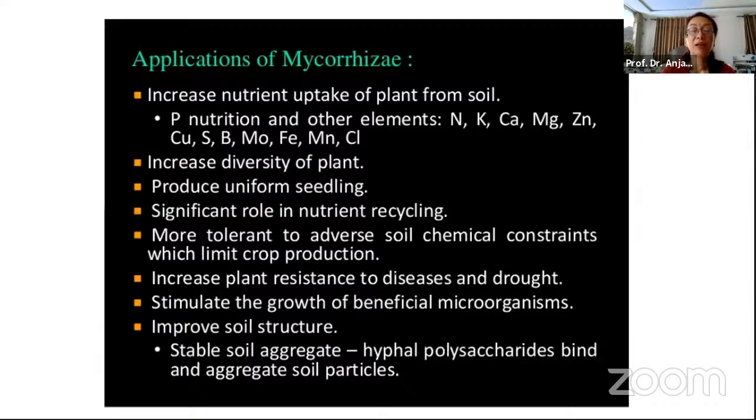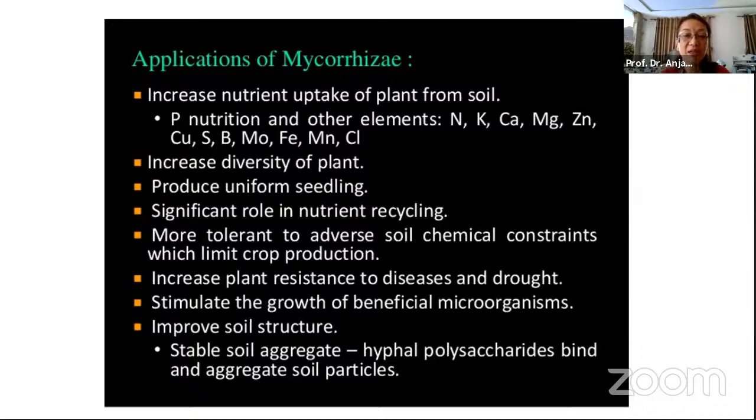But with the help of these mycorrhizae, it goes far away from the roots and collects not only the nutrients but also the moisture from the soil, and transfers it to the root of the plant. So this helps the rooting of the plant absorb the nutrition and the moisture to the various parts of the plant, and increases plant resistance to various diseases and drought also.